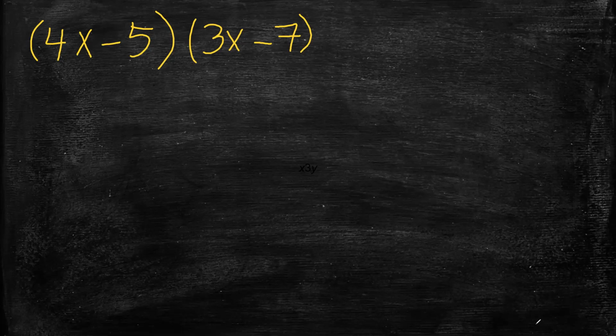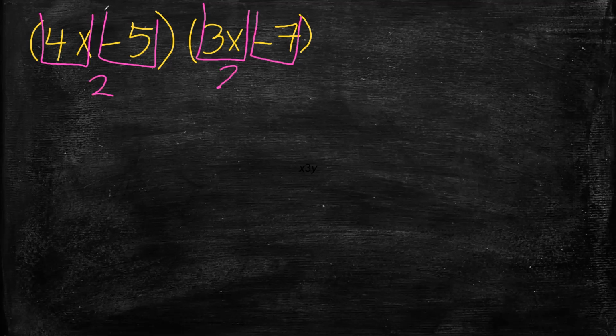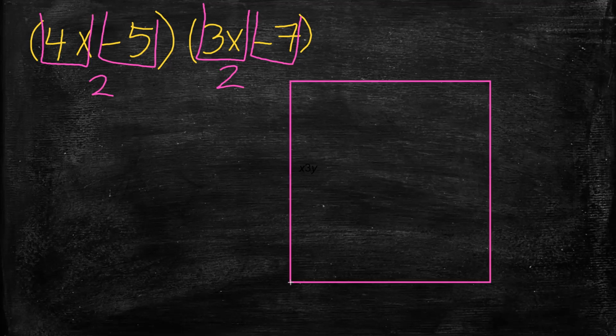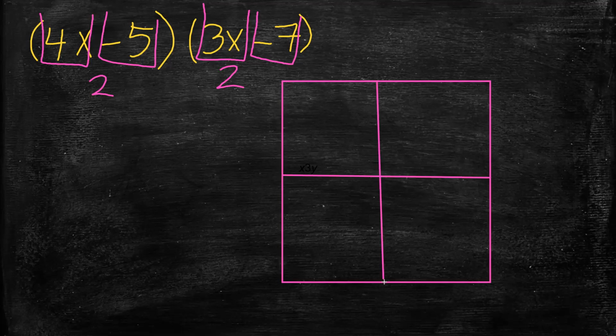Let's do it by the table. Here, as we said, we have 2 terms times 2 terms. That means I have to draw a table 2 by 2. Let's draw a table here and divide it into 2 rows with 2 columns.